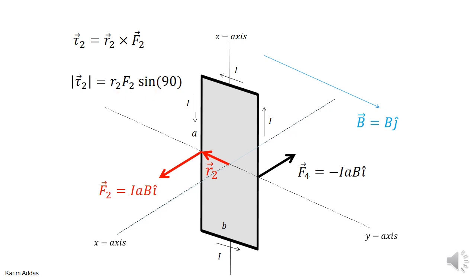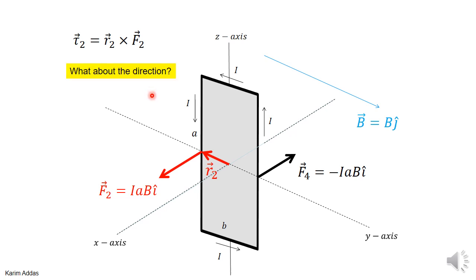So you just get R2 F2. R2 is just this length, which is half this length, so R2 is B over 2, and the force is IAB, and so the magnitude of the torque is B over 2 IAB.